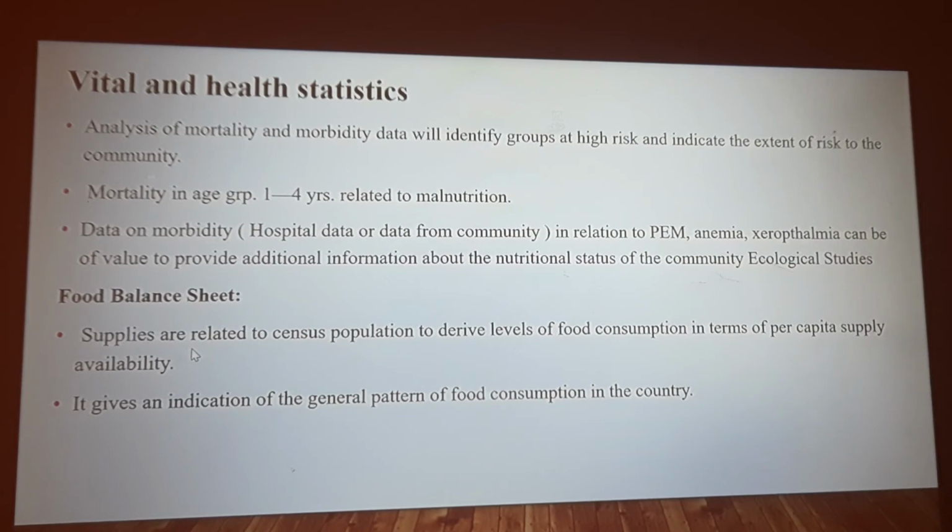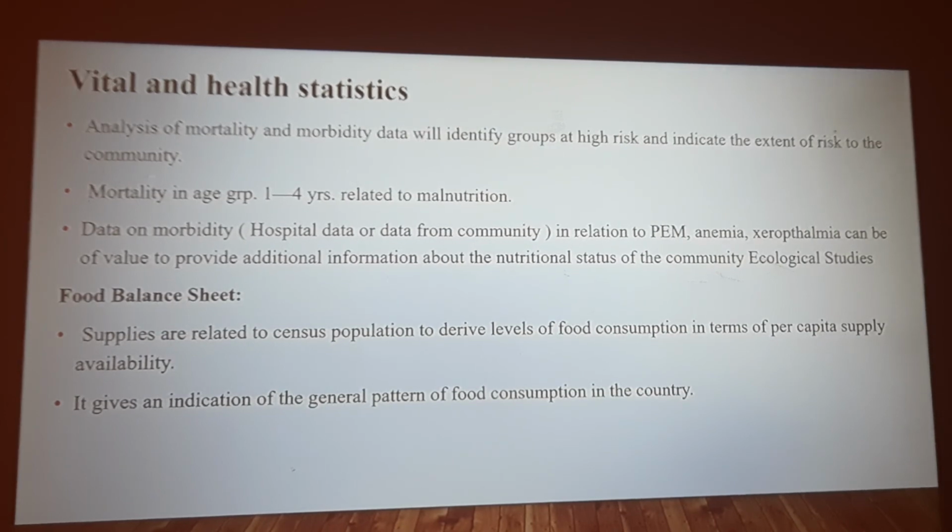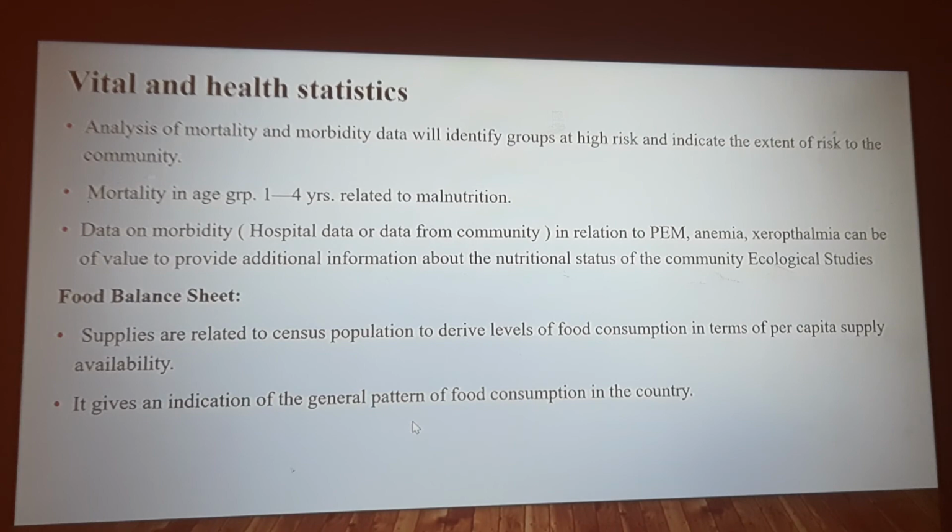Through the census we know the population and the level of food consumption, how much food they are taking per capita, how much food is supplied and how much food is available. It also gives an indication of the general pattern of food consumption in a country, which we can find out through the food balance sheet.